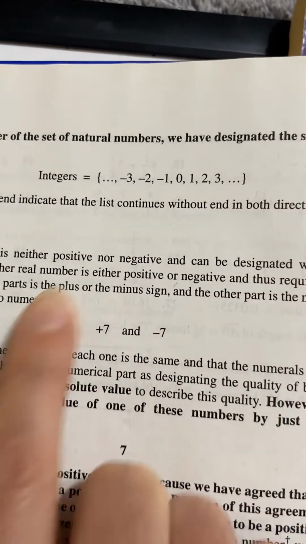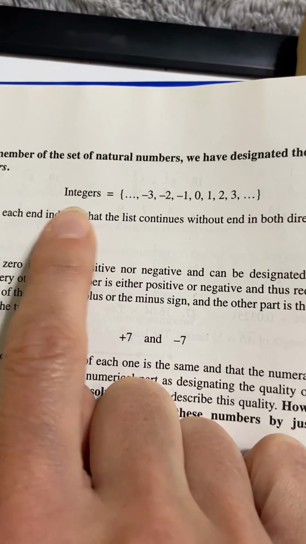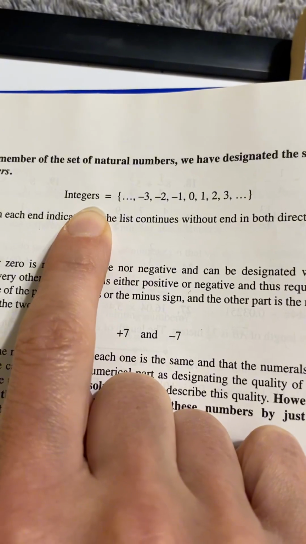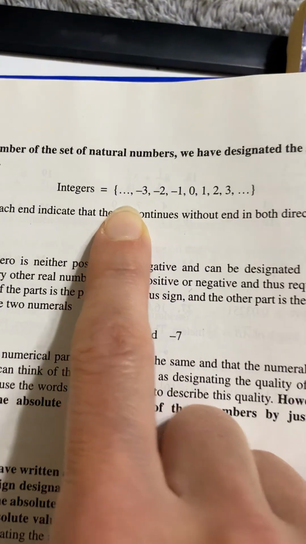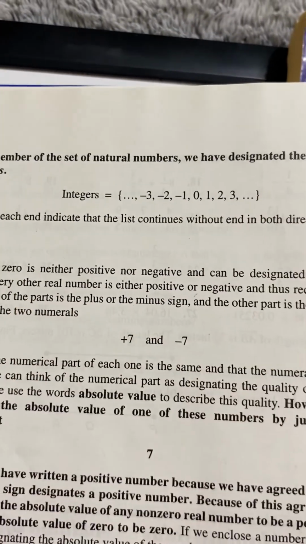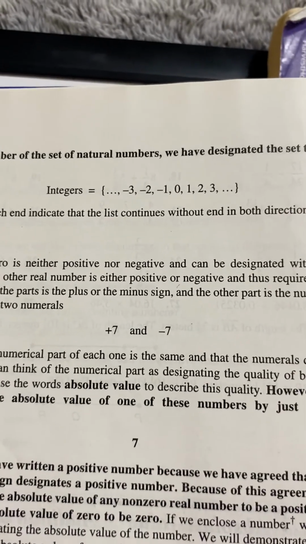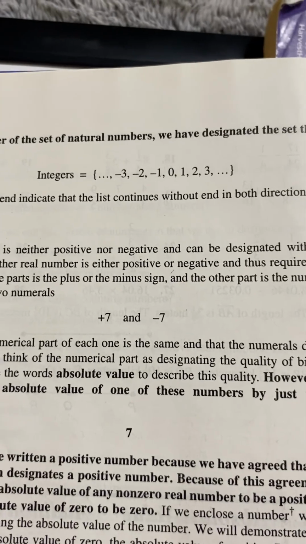Okay? All of this is saying, with your natural numbers, whole numbers, etc., every integer is going to include the numbers negative infinity all the way to positive infinity. Okay, so it's just telling you which numbers are integers, which numbers are whole numbers, which ones are counting numbers, etc.